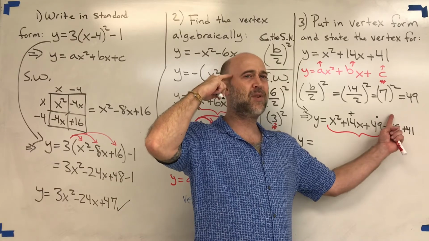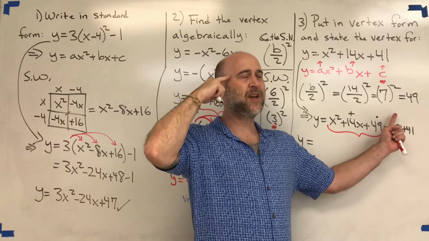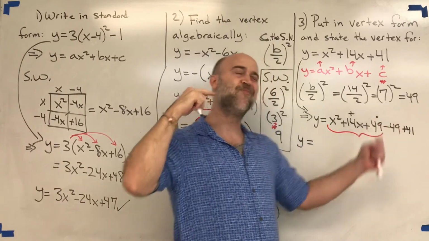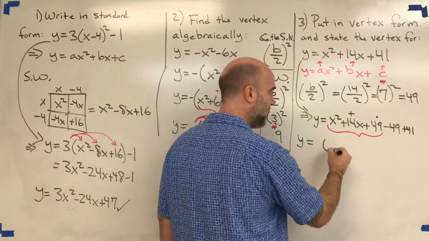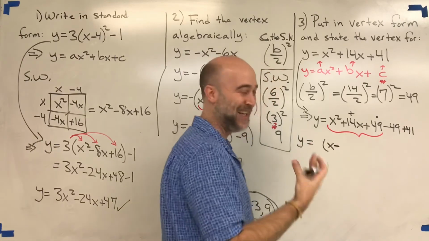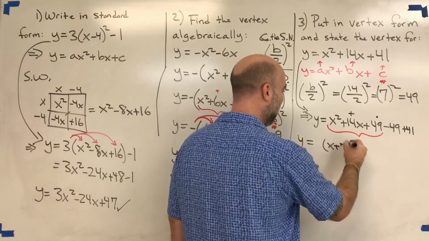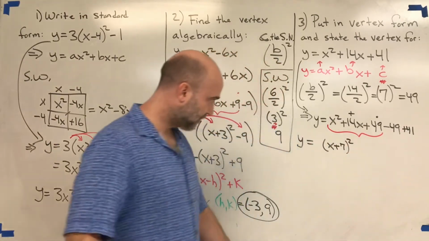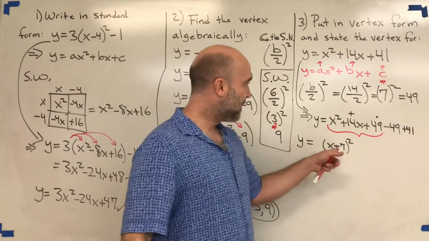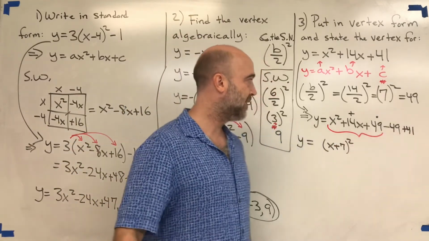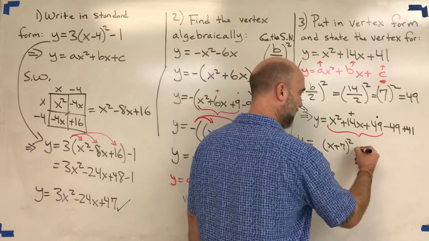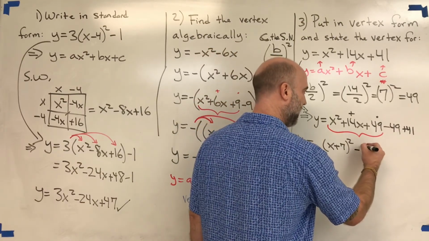What two numbers multiply to be 49, add to be 14? X plus 7 times x plus 7 is, excuse me, I got the hiccups. X plus 7, quantity squared. All right. So x plus 7 quantity squared, and then I'm adding negative 49 to 41. Which is negative 8.